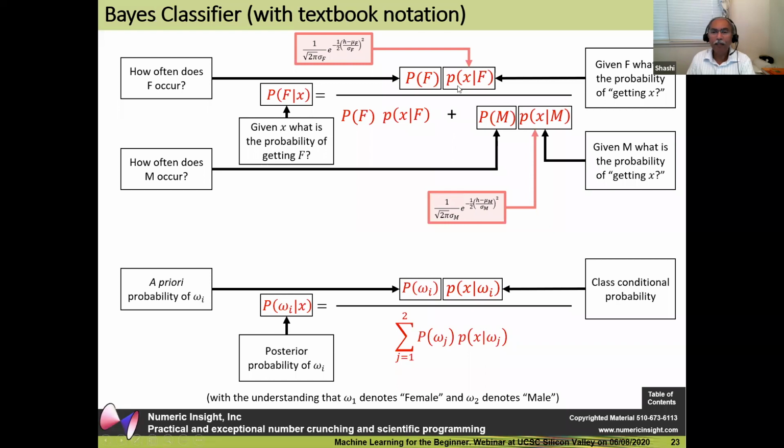Instead of writing F and M, I'm calling this omega 1 and omega 2. And I'm generalizing further by just writing omega i and saying i can be either 1 or 2, right? And this denominator here, I'm just writing it as the sigma, sigma with two terms. So I hope you are with me so far.